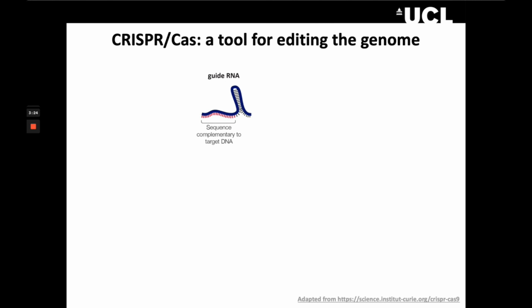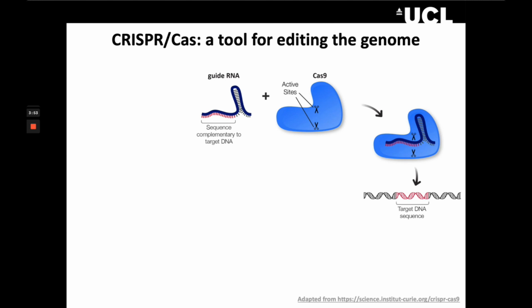Now, the system we use in the lab comprises two components: a small molecule of RNA that acts as a guidance system and is therefore referred to as CRISPR guide RNA. We like to think of guide RNA as a sat-nav homing in on a specific DNA postcode. The second component is an enzyme called Cas9 that can cut strands of DNA like a pair of molecular scissors.